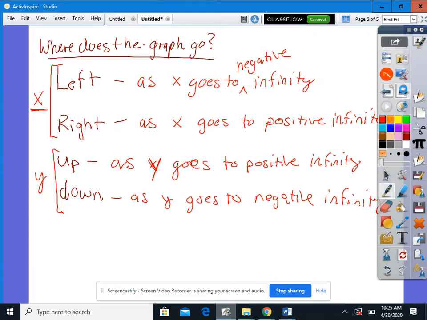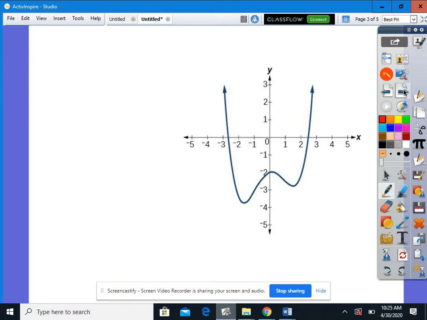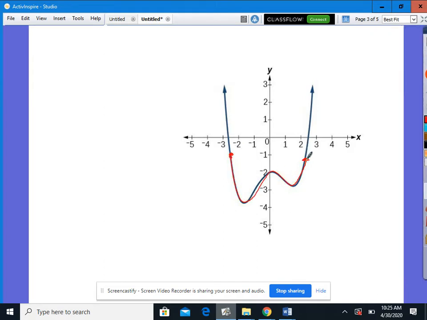All right, so here's a graph on the right-hand side. Again, it doesn't matter what happens from here to here. Okay, that doesn't mean anything when we're talking about end behavior. All we care about are these ends. And if you notice, they're both going up. Okay, how I'm going to describe this end behavior on the left-hand side, again, what is x doing? Well, as this graph goes this way, x is moving to the left, and y is going up.